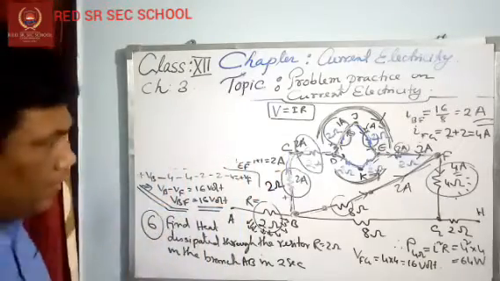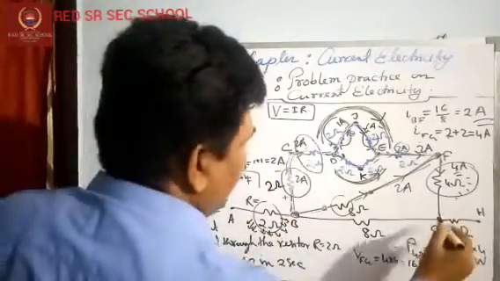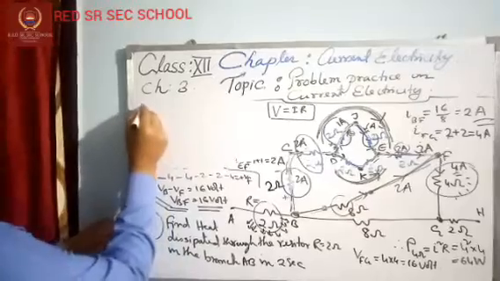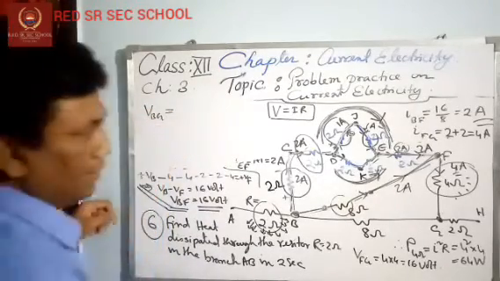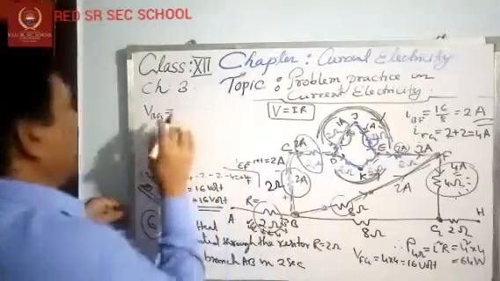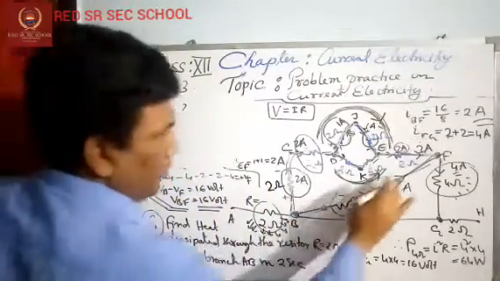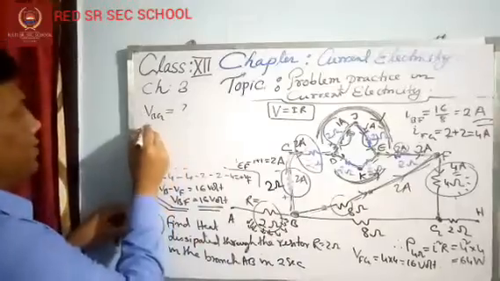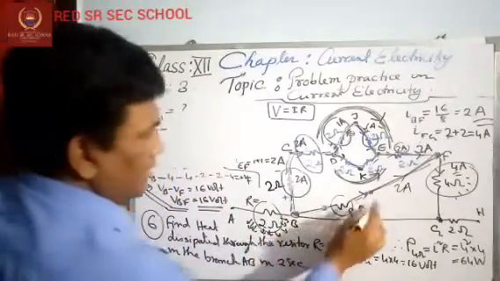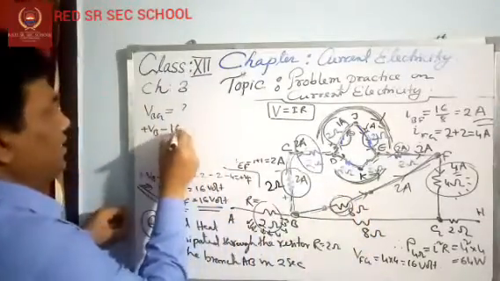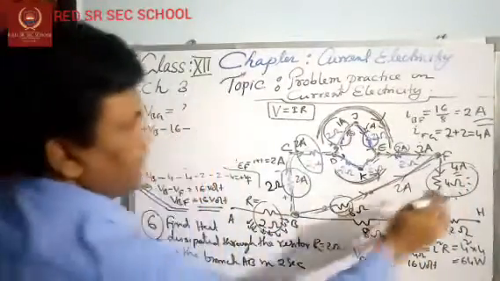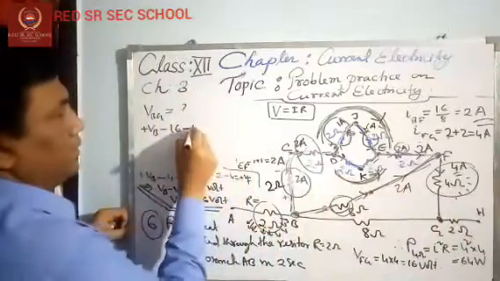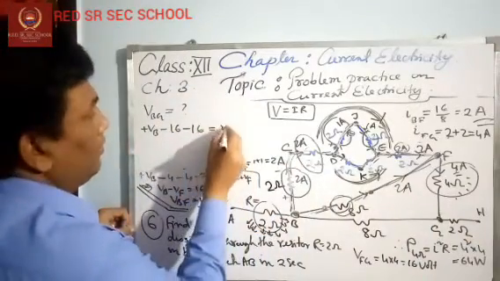I can find the potential difference between B and Z also, though it is not asked. Potential difference between B and Z. How can I do it? Say I am going this way only: plus VB minus 8 into 2, means 16, minus 8 into 2, 16, then minus 4 into 4, 16, equal to VZ.